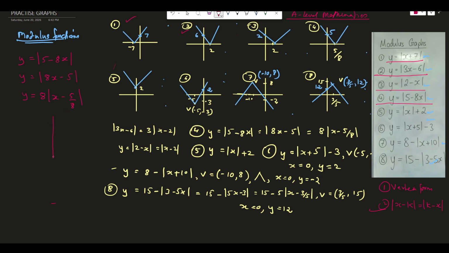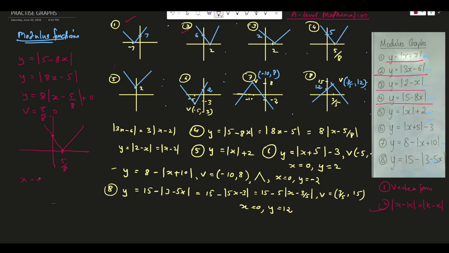Now I will proceed with the graph. The vertex will be at (5 by 8, 0). This is the point where the vertex will be, and it will be a V shape. This point has to be when x is equal to 0.